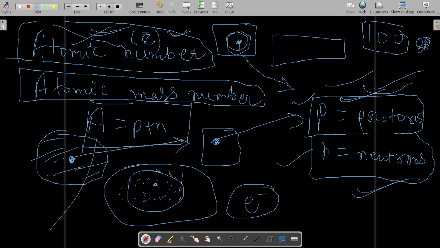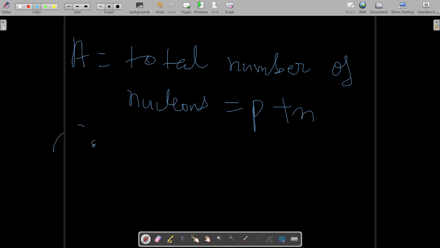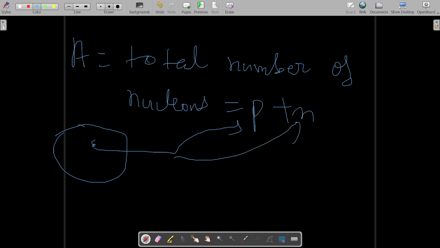So the total number of nucleons is equal to the total number of protons plus the total number of neutrons. What is atomic mass number? Atomic mass number is equal to the total number of nucleons, which is the number of protons plus the number of neutrons, and these are present inside the nucleus of the atom.